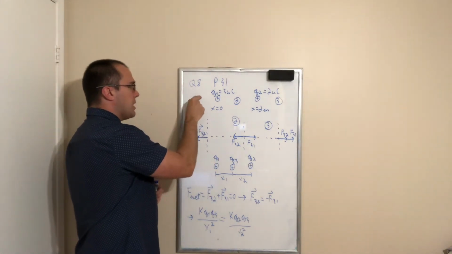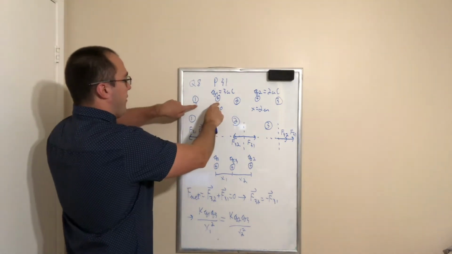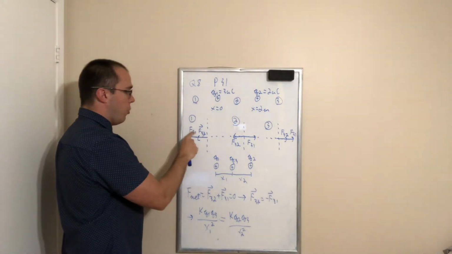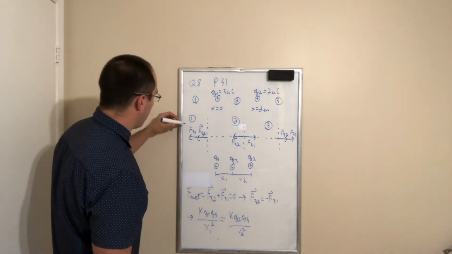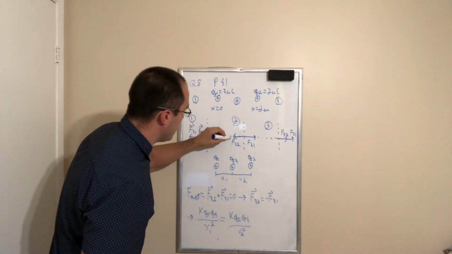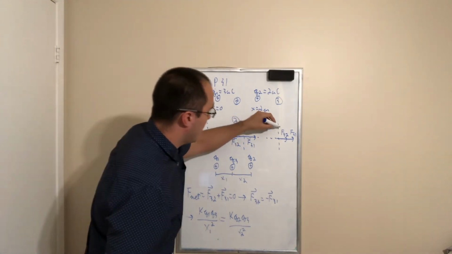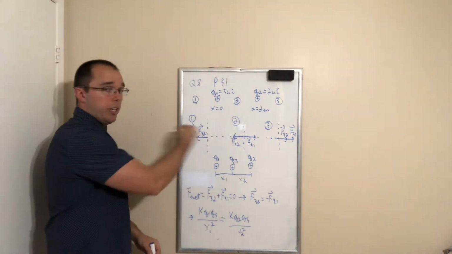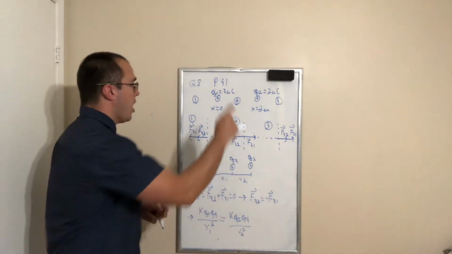Here, if we place a positive charge, the first charge will repel the third charge. So F31, and I'm missing an arrow over here. Actually, I'm missing an arrow on all of these. There we go. So F31 is pointing in the negative x direction.